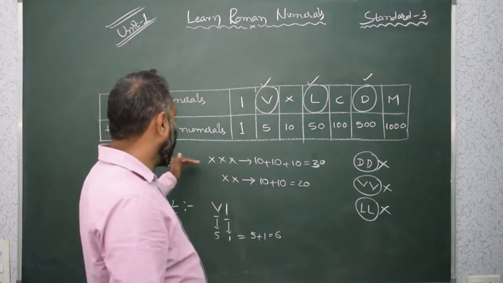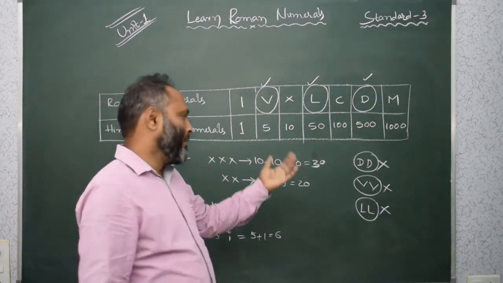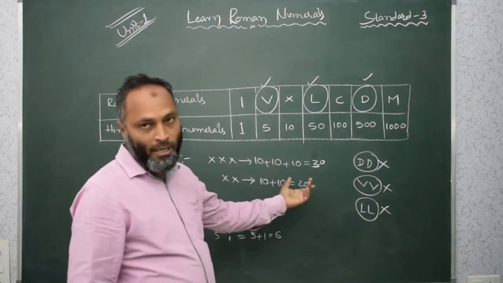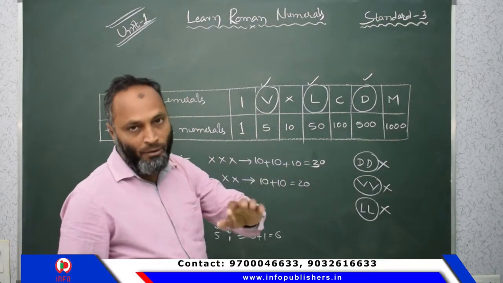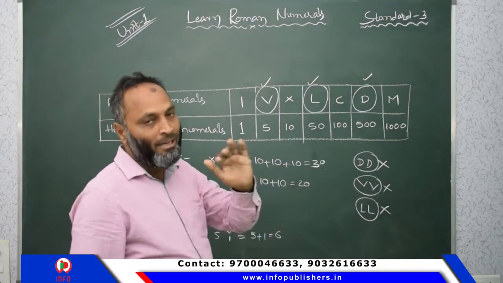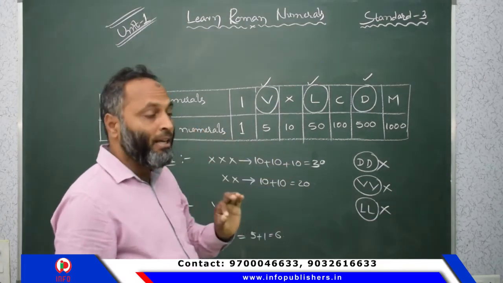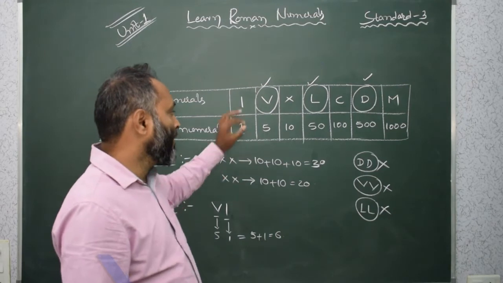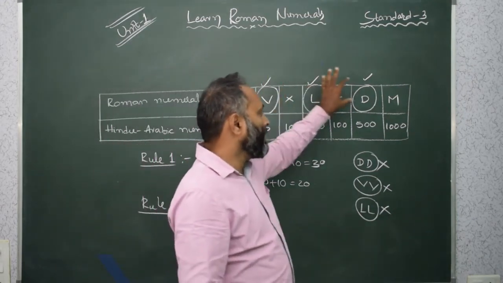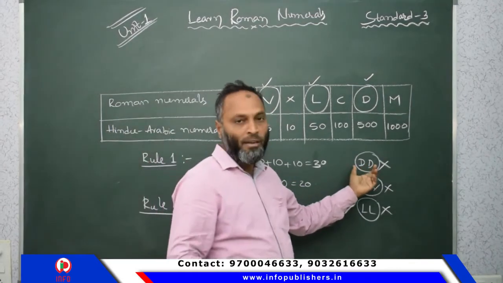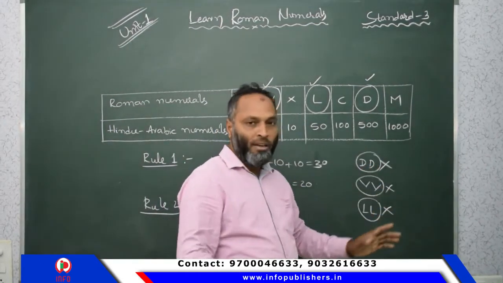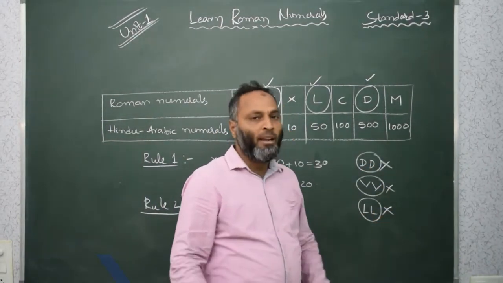First rule, if the Roman numeral repeats, then we have to add. If it repeats 3 times, we have to add 3 times. If it repeats 2 times, we have to add 2 times. How many times it repeats, that many times we have to add. But here one condition is there. In V, L, D, these Roman numerals never repeat, like DD never repeats, and VV never repeats, and LL never repeats.